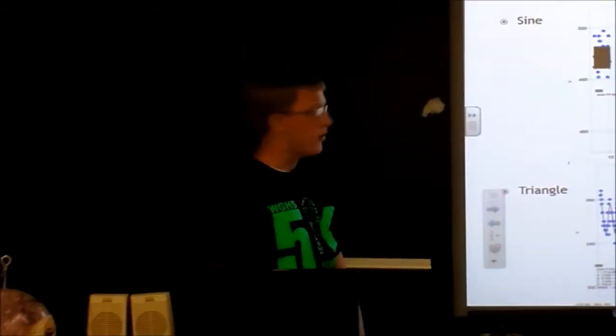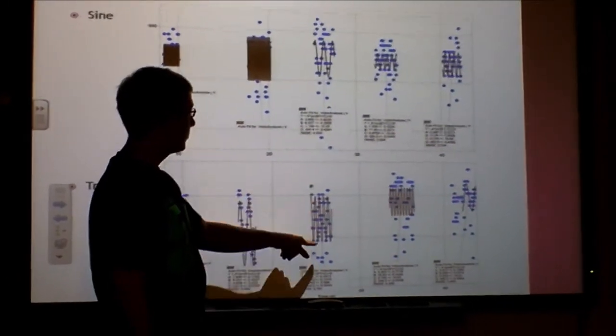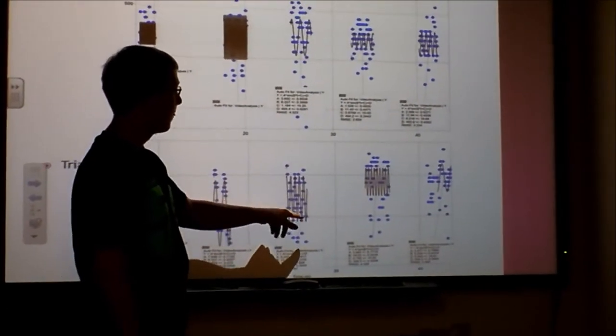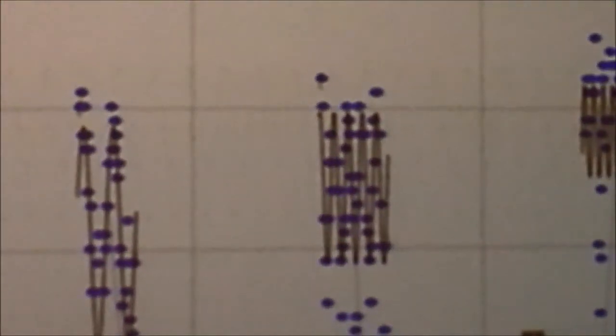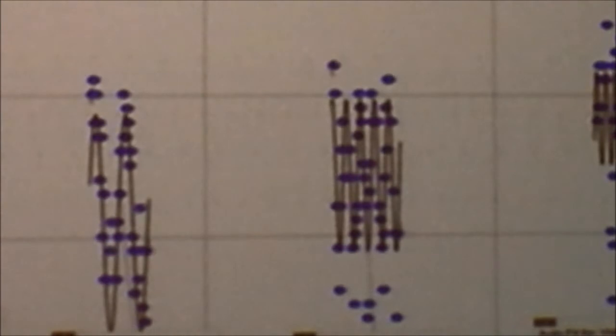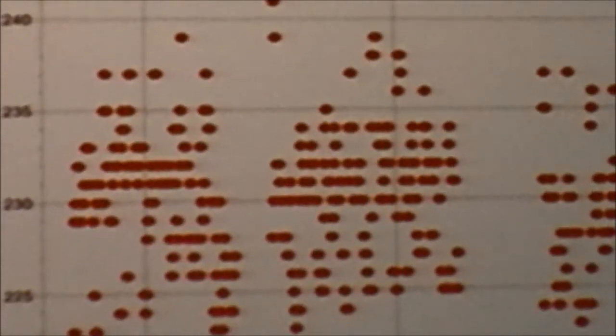For this triangle wave, you can see there's a distinct point: it jets up, jets down, jets up, jets down. So we are finding that the displacement made by the light was the same as the wave that we were emitting.